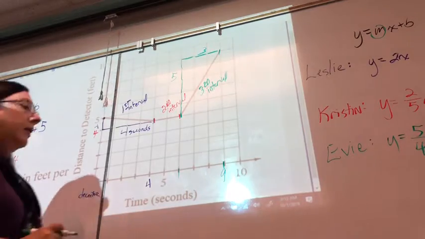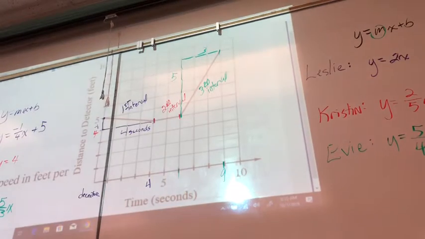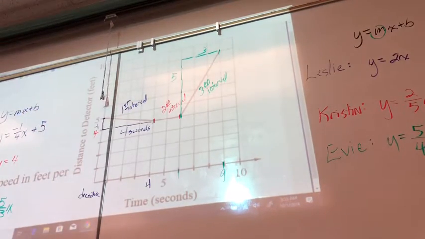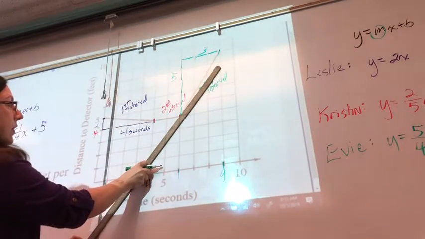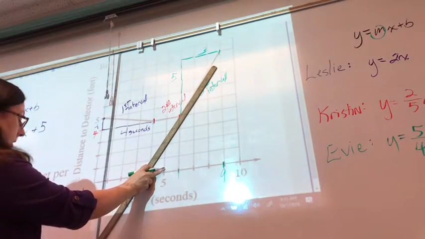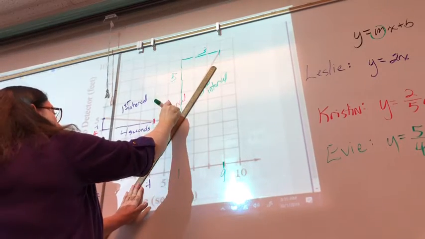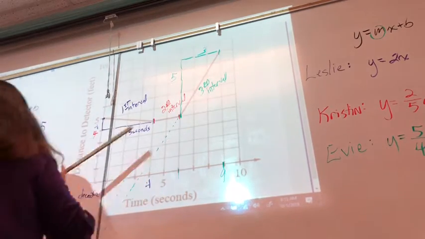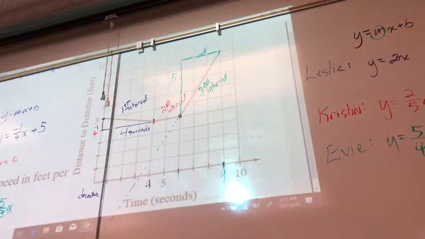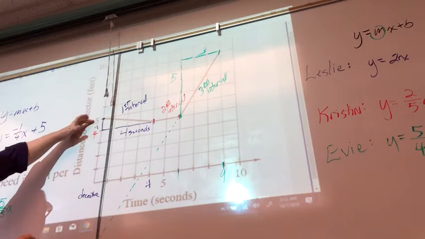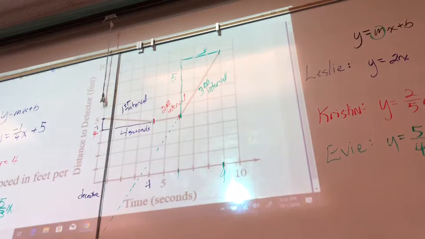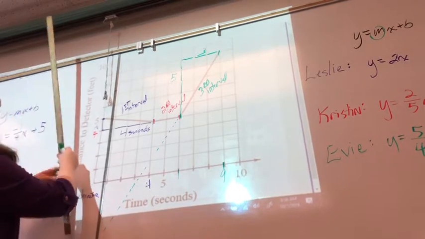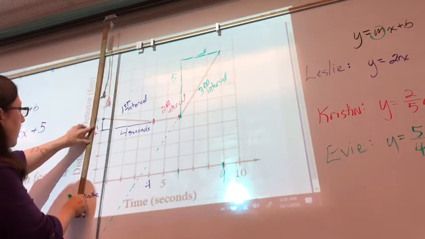And now here's the tricky part, guys. We're going to have to take our straight edge, because we know that this plus b is our y-intercept. So you're going to extend your line so you have an idea of where it's crossing the y-axis. Going down from 5, I'll just use from here to here.